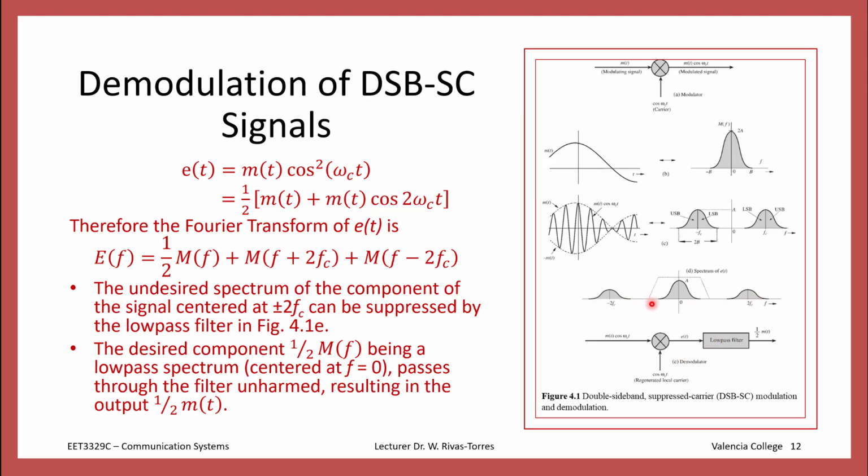You kind of see a little shadow of the low-pass filter here. It should let through the baseband signal, but eliminate the two times the carrier frequency signals that are present. Those would be eliminated. So at the output here, you have half of m(t).